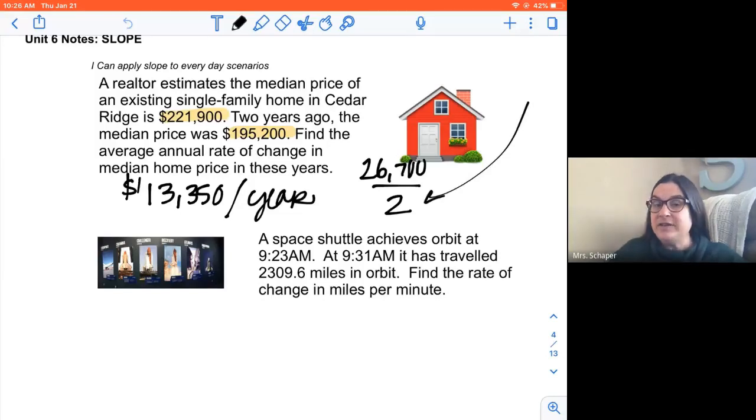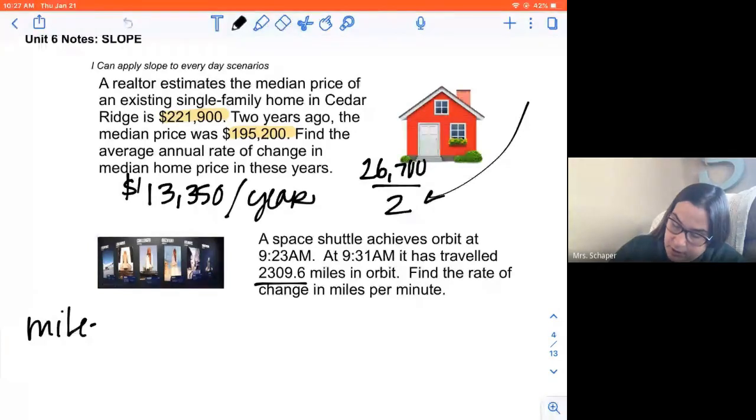Okay, how about the space shuttle one? The space shuttle achieves orbit at 9:23. At 9:31, it's already traveled 2,309.6 miles. We're going to find that rate of change in miles per minute. So miles per minute.